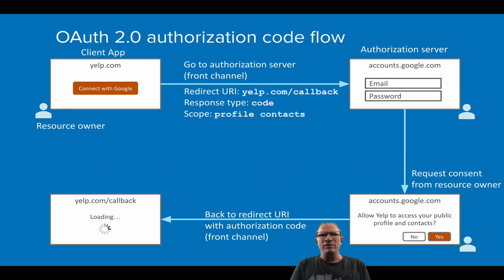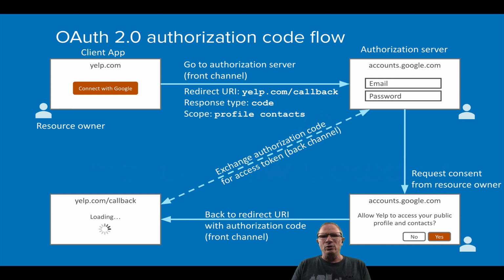With Okta, you have 30 seconds to use the authorization code before you have to start the flow all over again. Now, here's the key point. In order to use the authorization code, the only valid use of it is to exchange it for an access token. And in order to exchange it for the access token, you need the secret for the authorization server.